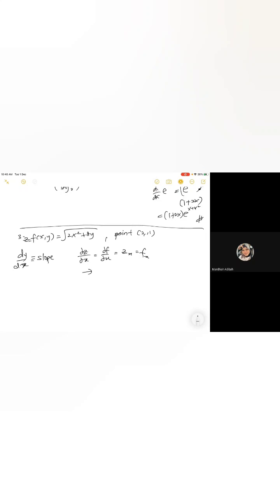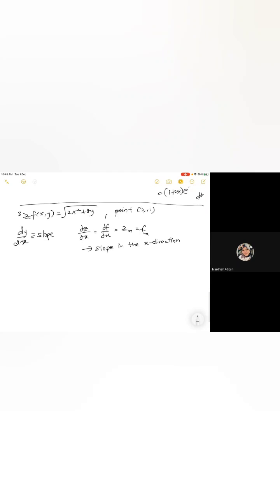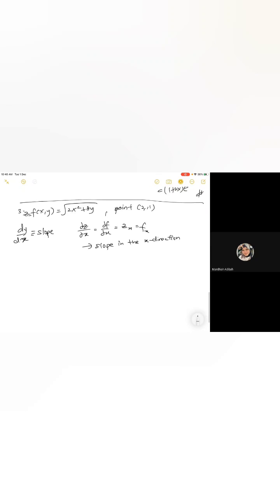It is actually what we call slope in the x direction. Okay, so on the other hand, if del z del y, or del f del y, or zy or fy, it is all the same things, just different notation. So slope in the y direction.